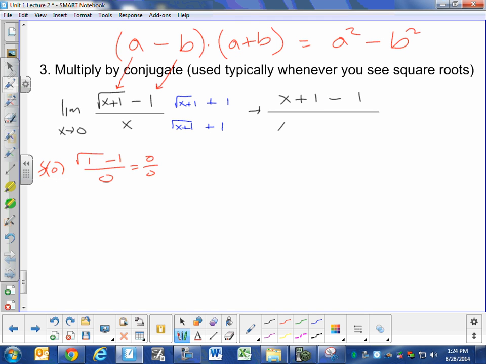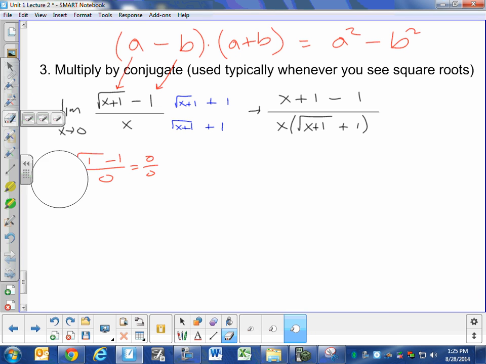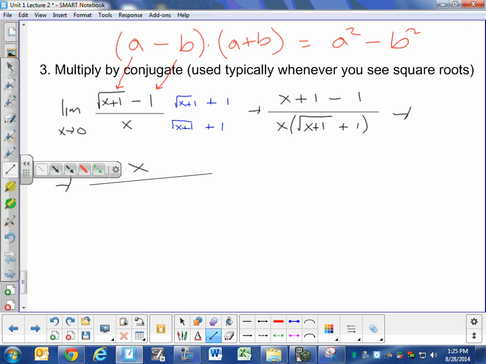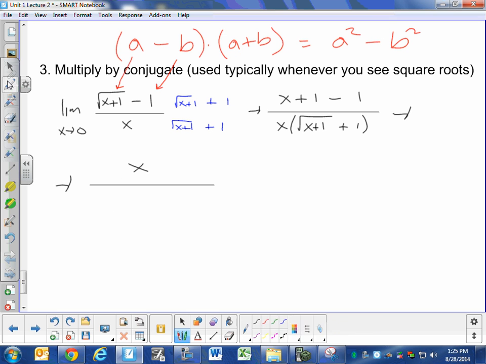So instead, we're just going to write it out without distributing. X times root x plus 1 plus 1. What happens is that the 1s will go away, and we'll leave ourselves with x over x times root x plus 1 plus 1.